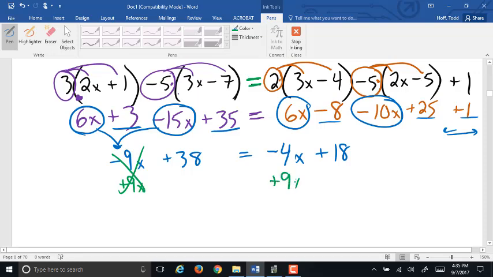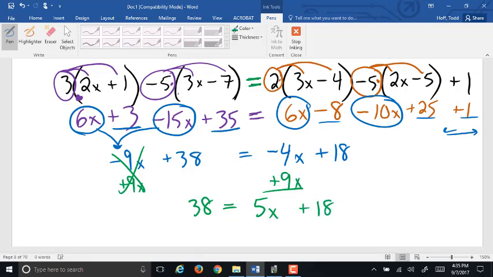So that's gone. We're going to add 9x over here. So we have 38 equals, what do we get on the other side? Negative 4x plus 9x is 5x, and we still have the plus 18 there.